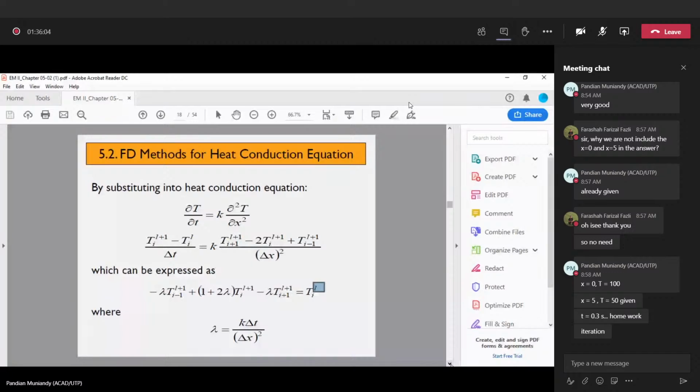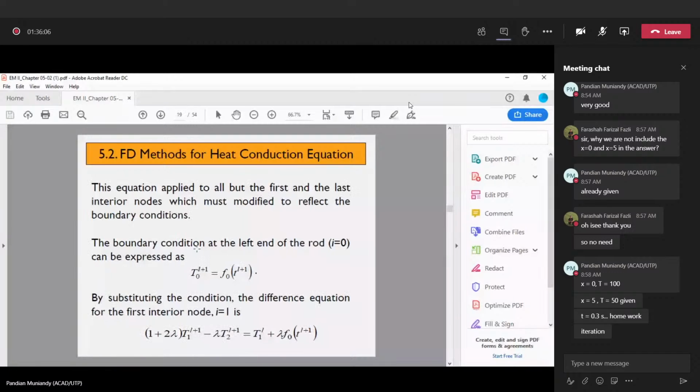Let us see the next slide, slide number 19. This equation applies to all but the first and the last interior nodes, which must be modified to reflect the boundary condition. The boundary condition at the left end of the rod, at I equals 0, can be expressed by T subscript 0 superscript L plus 1.